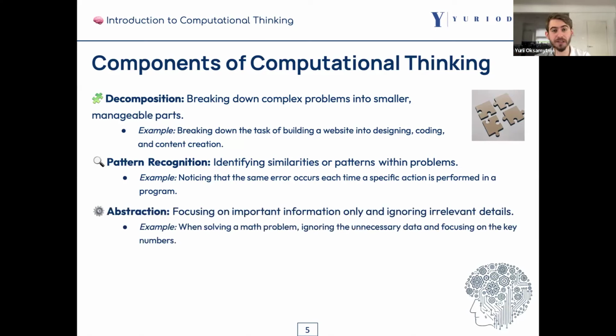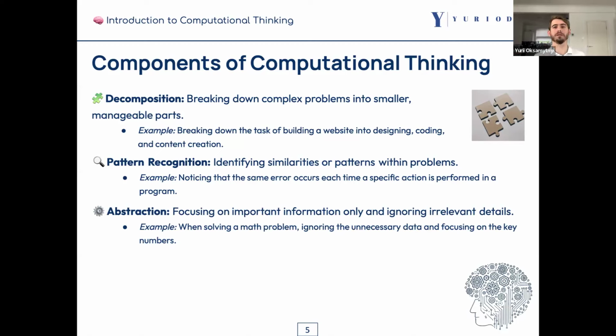Next thing, abstraction, was one of the most difficult or complicated concepts for most students and people in general. But when we come closer to the definition, we understand that we are just explaining something complicated in a simple way. Just focusing on important information and ignoring irrelevant detail. Yeah, let's have a look with reference to math.